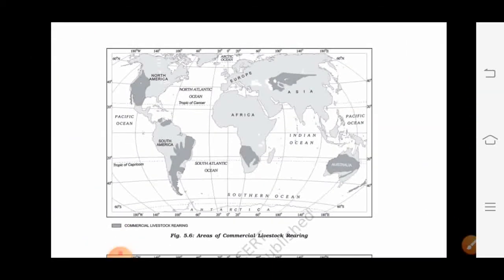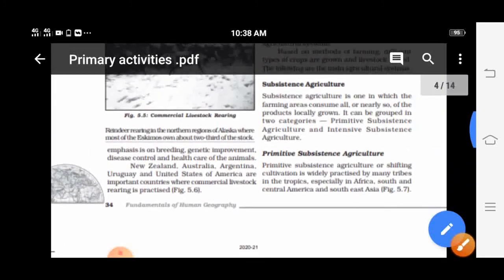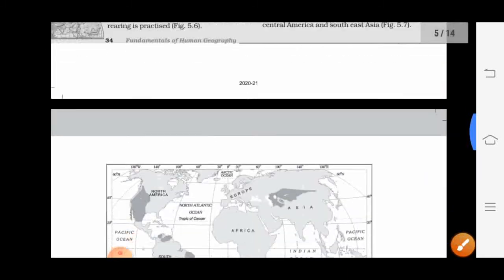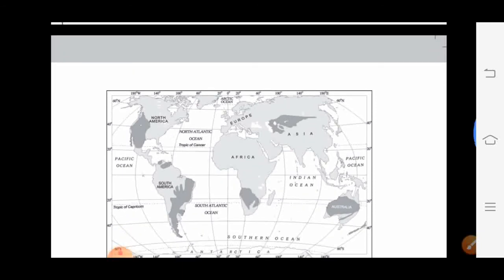If you see areas of commercial livestock rearing, as you see, it's New Zealand, United States of America, Argentina, that's Uruguay, parts of Africa, and parts of Asia as well. So these are generally the developed countries.